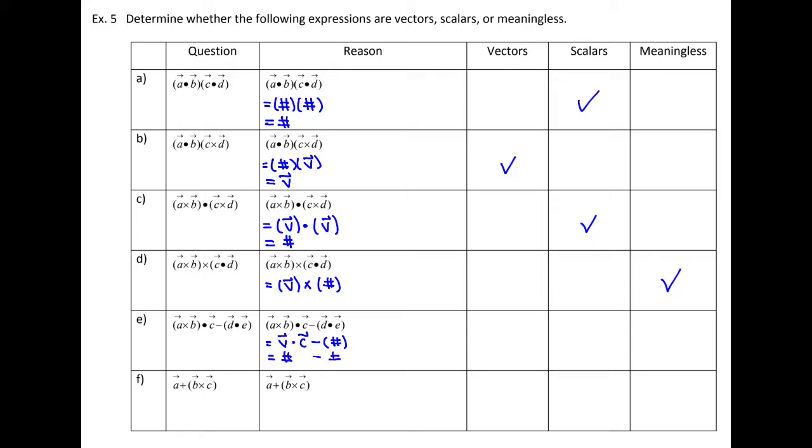Minus a scalar, the result will be a scalar. F. This equals vector A plus a cross product between vector B and C, which is going to be a vector. And a vector plus a vector is going to have a resultant vector. It's also a vector. So, a vector.